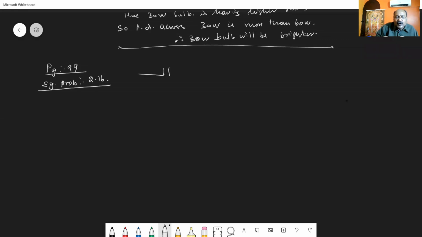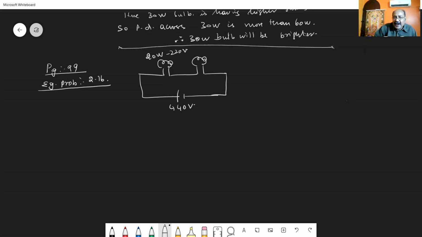So you have two bulbs, and these two bulbs are connected in series with a potential difference of 440 volt. The first bulb is represented as 20 watt 220 volt. This is what we call the power rating and voltage rating. And the second bulb is given as 100 watt, and it works under the voltage of 220 volt.